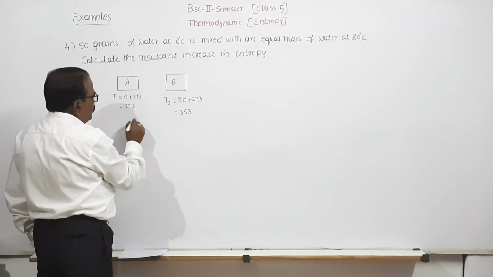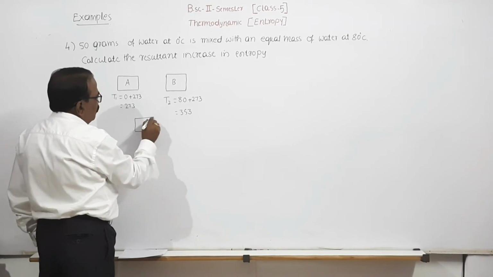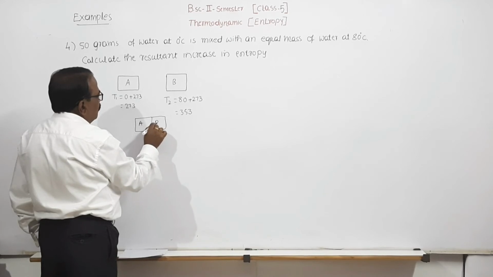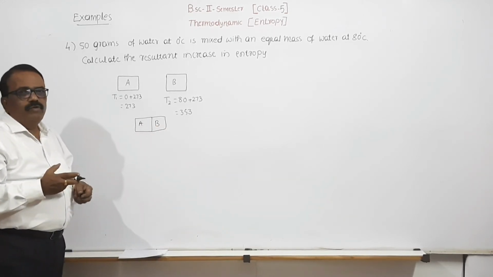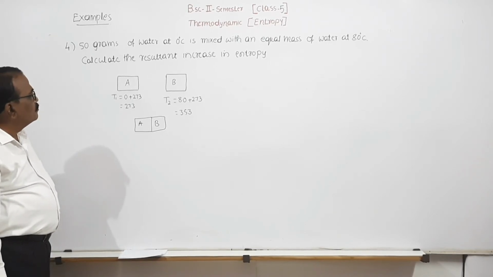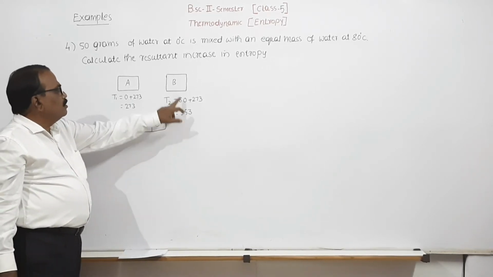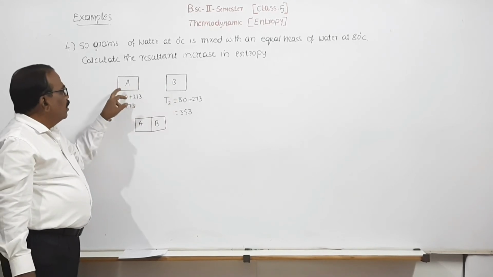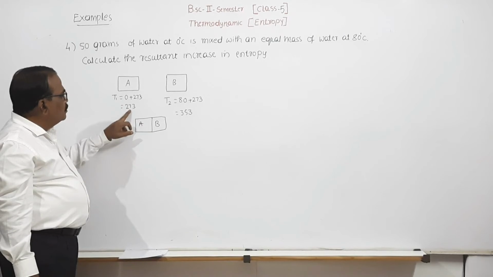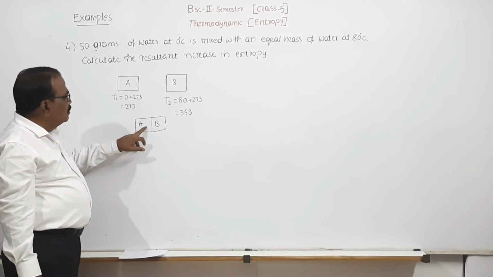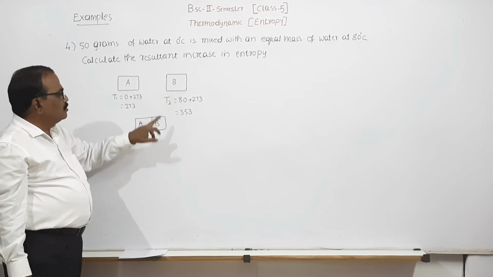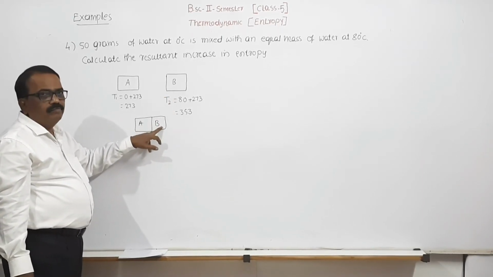Both of them are mixed. So this is A and this is B. Which gains the heat energy and which loses the heat energy? This is at 353 and this is at 273. This gains the heat energy and this loses the heat energy.